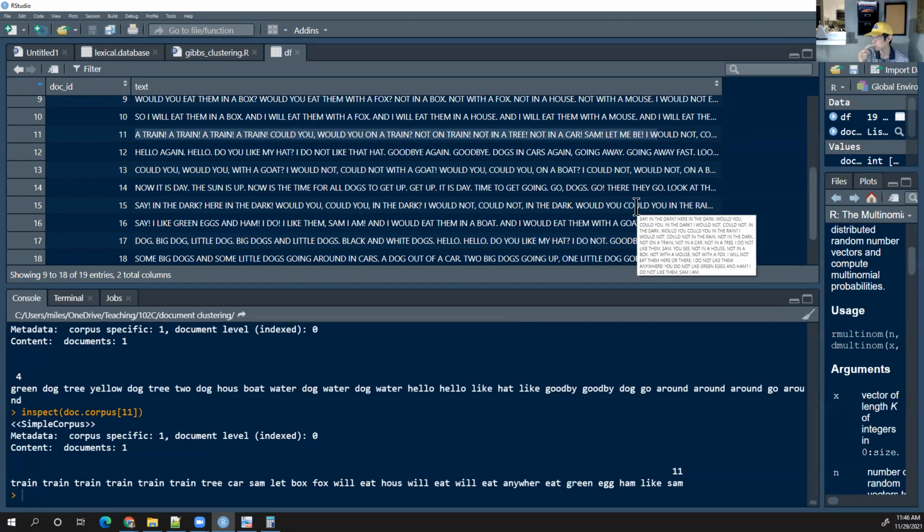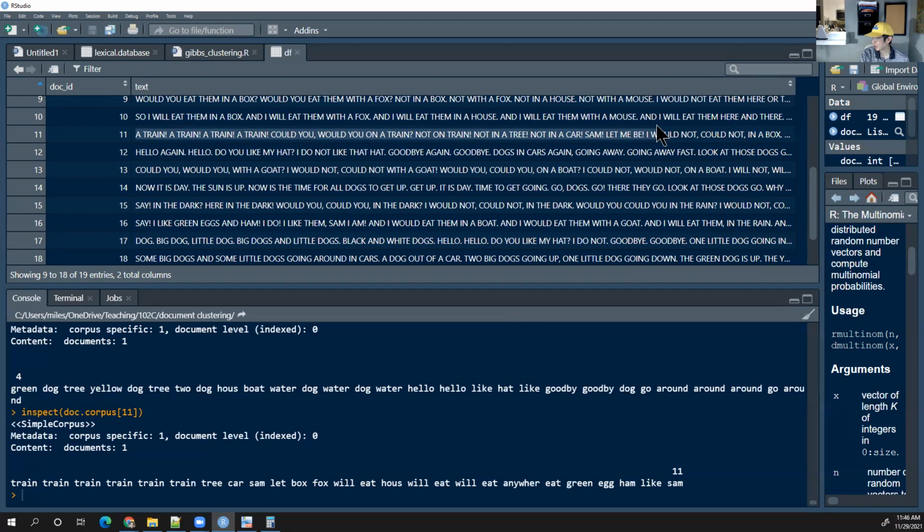So all of those words that make Green Eggs and Ham what it is are considered stop words, which is unfortunate because you lose a lot of it, right? So this is the bag of words model, and getting rid of stop words really reduces it. It reduces the whole thing to just box, fox, will eat, house, will eat, anywhere, green egg, ham, Sam, okay?